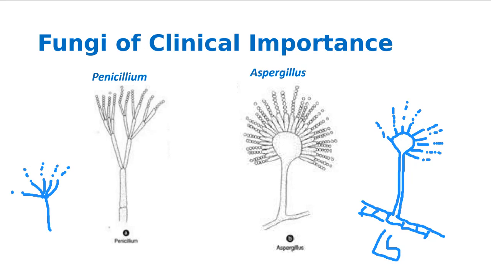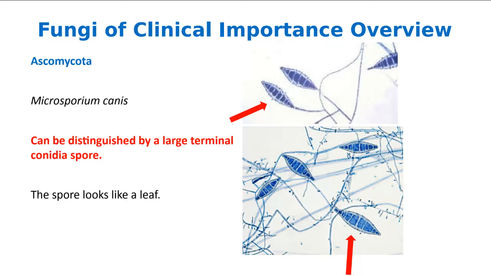All right. Two more, and then we'll call it a day. So this is the easiest one of them all. This is Microsporum canis. It causes ringworm. There are three organisms that cause ringworm, right? And they are Trichophyton, Epidermophyton, and Microsporum.